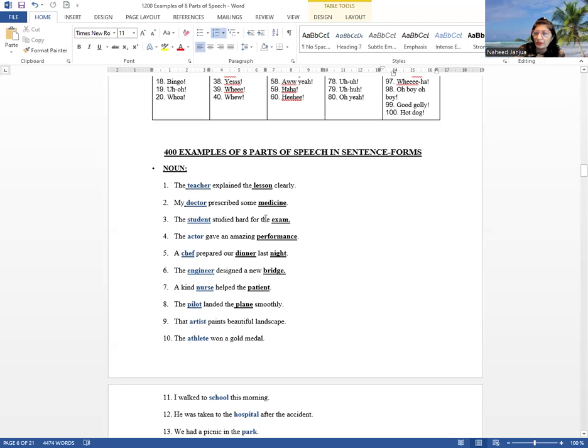Usually adjectival modifiers are used before a noun. So here you see that exams is a noun again.